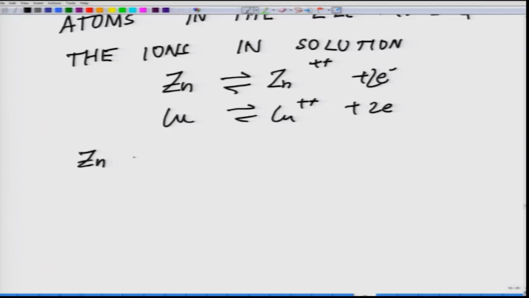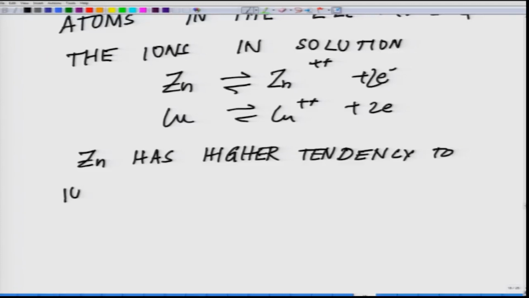In other words, zinc has a higher tendency to ionize than copper.